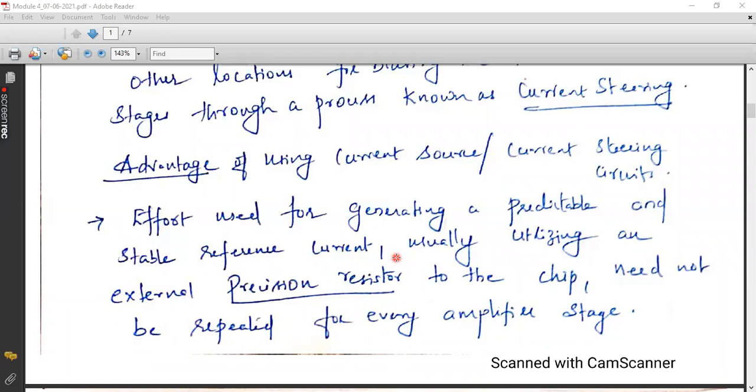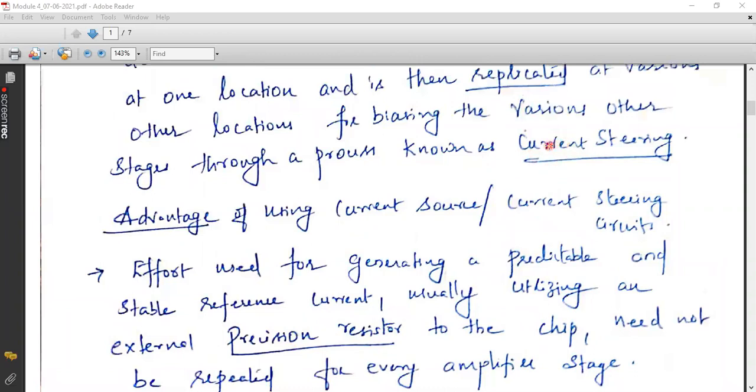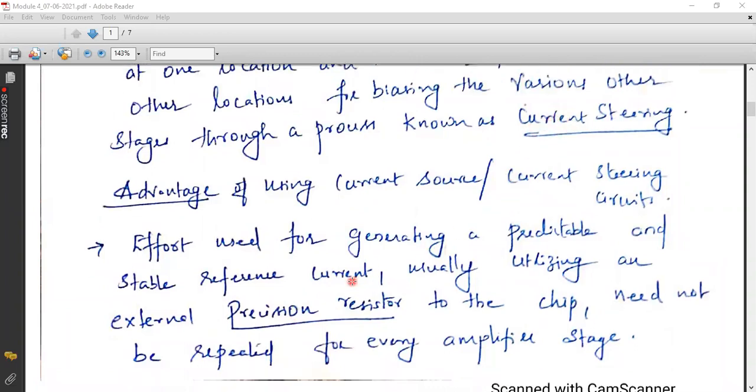That will create complexity. So by using these current steering circuits, we can avoid the tedious process of designing an external precision resistor for each part of the IC. So that need not be repeated for every amplifier stage.